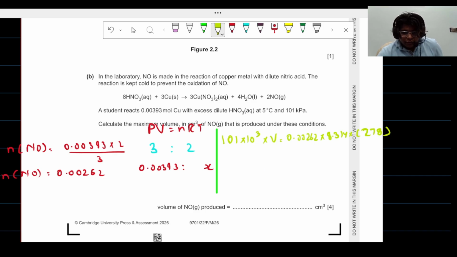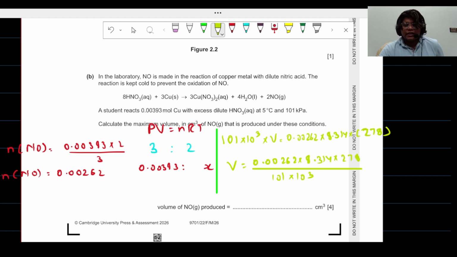So volume would be equal to 0.00262 multiplied by 8.314 multiplied by 278 divided by 101 multiplied by 10 to the power 3, right?